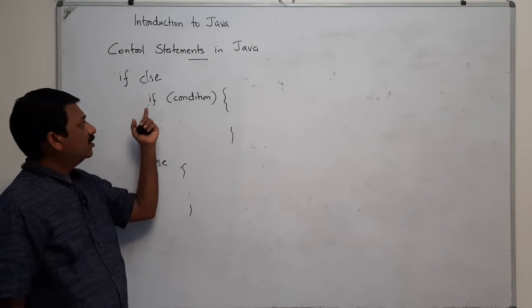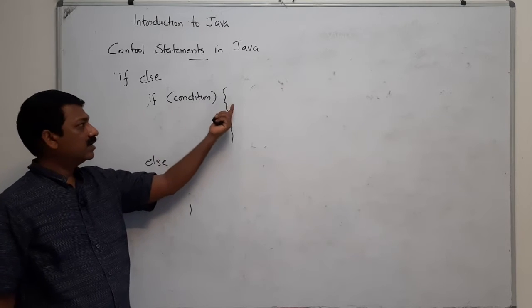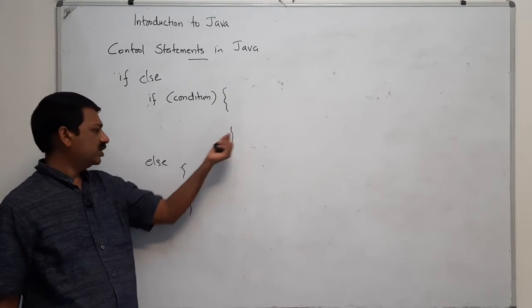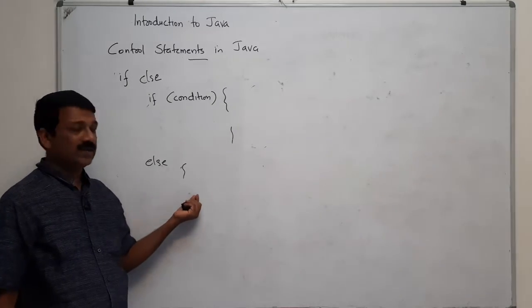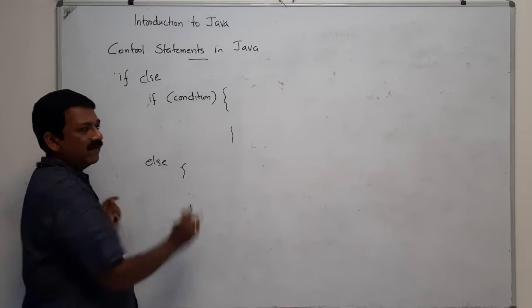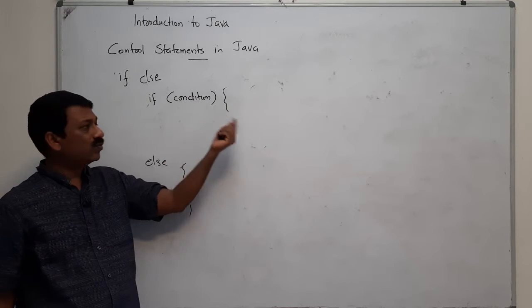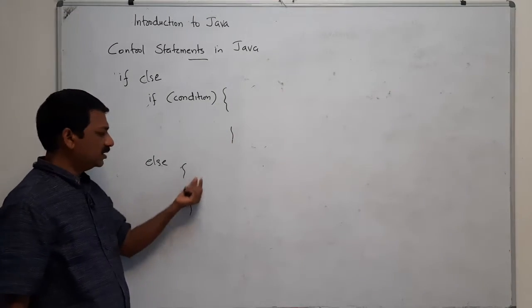The next statement is if else. The syntax of this statement is: if condition, you execute a sequence of statements, else you execute another set of statements. That means initially the condition is evaluated, and if it is true, it will execute this set of statements, otherwise it executes the else set of statements.